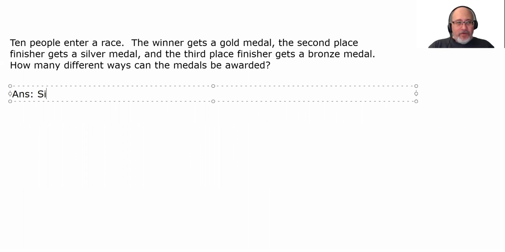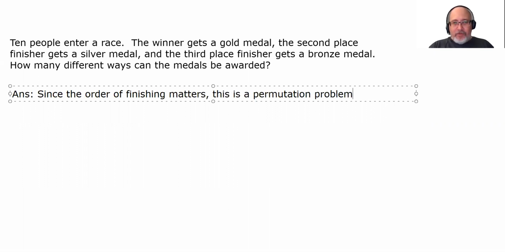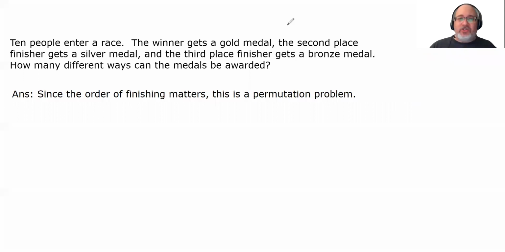So since the order of finishing matters, this is a permutation problem. And once you've decided it's a permutation problem, then it's fairly straightforward. Because now all you have to do is ask yourself, how many people are we selecting from and how many people are we selecting? Well, there are 10 people running the race, so we are selecting from 10 people.